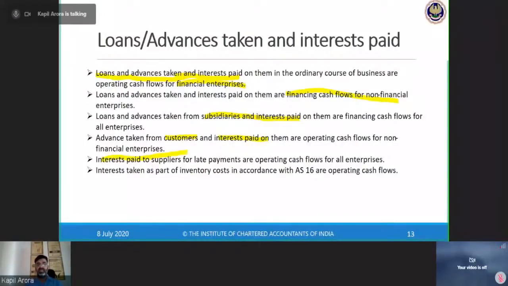Interest paid to suppliers and late payment, that is nothing but the amount which is related to my operations, operating activities. Interest taken as part of inventory cost in accordance with AS 16 borrowing cost, because it is going under inventory and inventory is part of operation always.